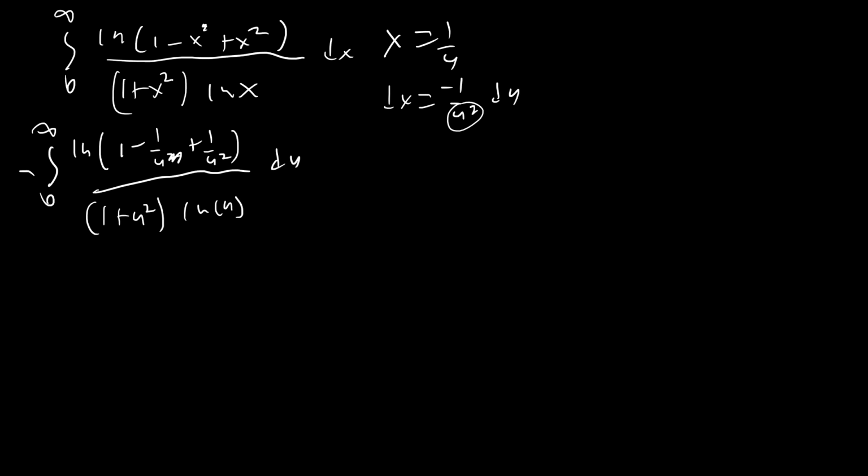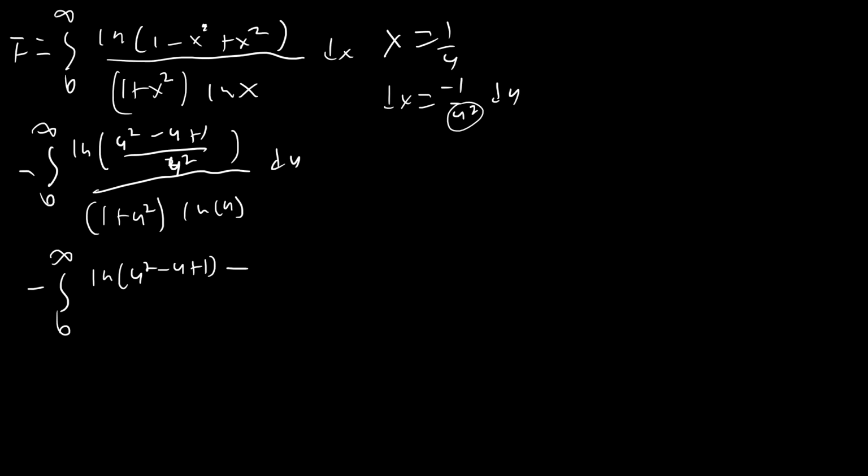And so this, we just rewrite u squared minus u plus 1 over u squared. So we're going to have, let's let this equal I. We're going to have negative integral from 0 to infinity, ln of u squared minus u plus 1 minus 2 ln u all over 1 plus u squared, ln u du.